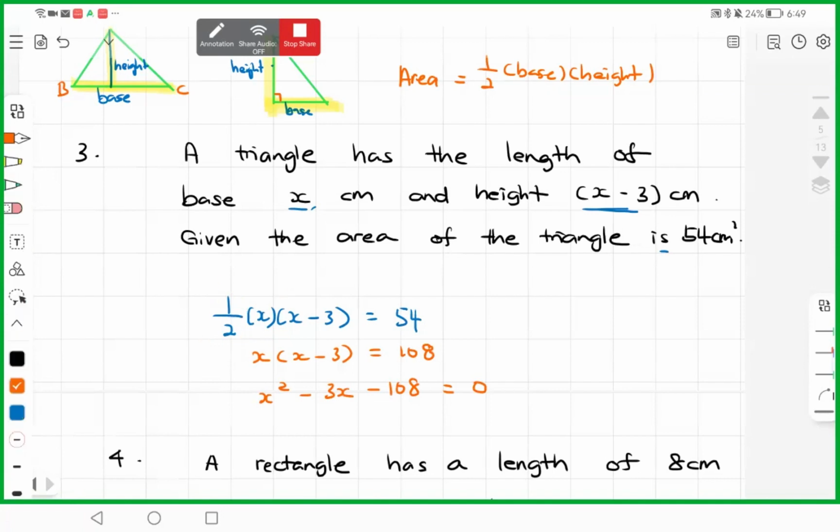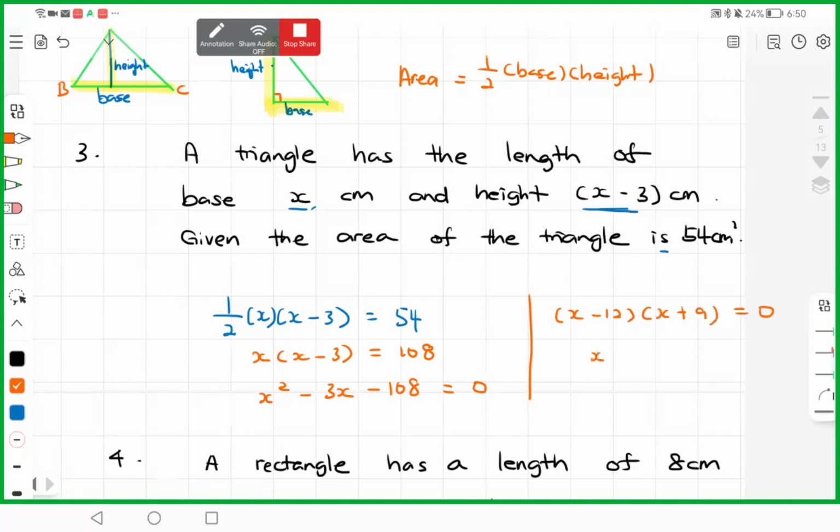Then we can proceed already. Can you help me to proceed to complete this answer? Okay, x minus 12, then x plus 9 equal to 0.